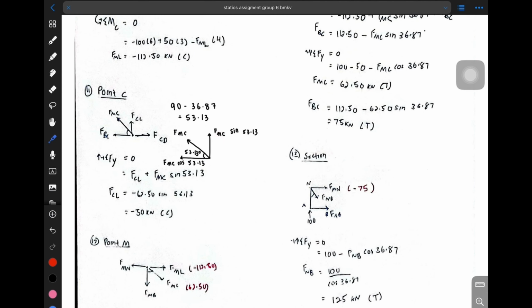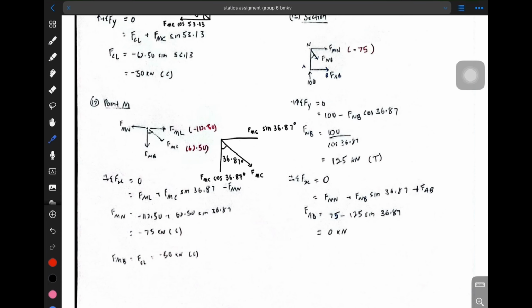So we get the FMC is 62.50 kilonewton, and we replace it with the answer, and when we move to the right, we get negative 62.50 sin 53.13. So we get FCL is negative 50 kilonewton and it is compression.